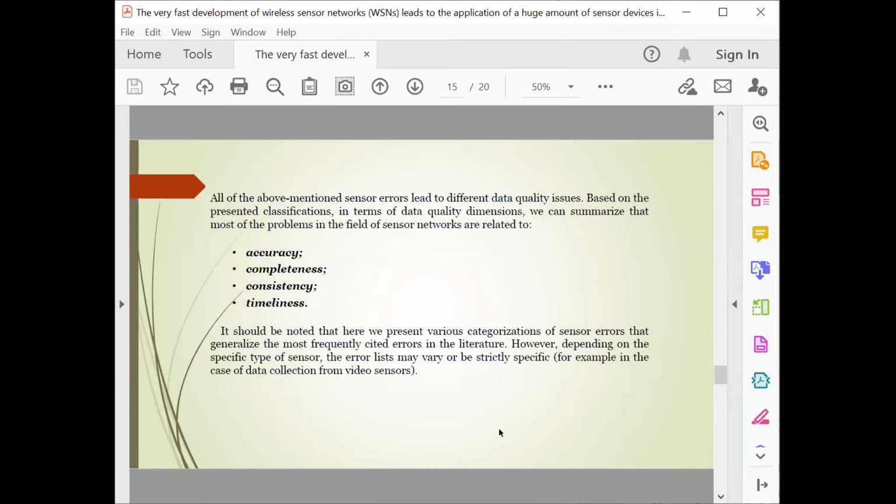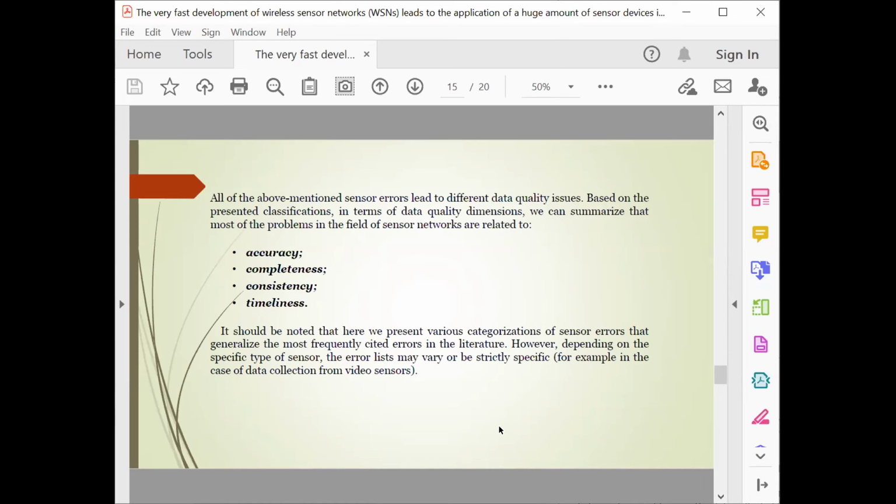So all these different errors that we differentiate from different sources lead to different data quality issues.